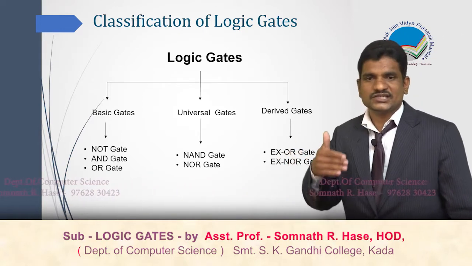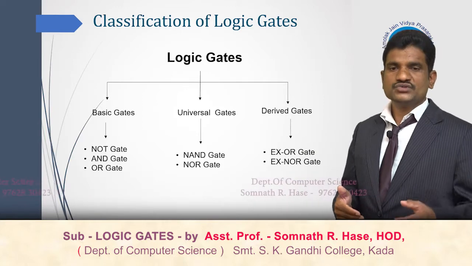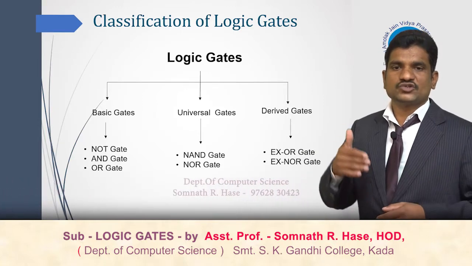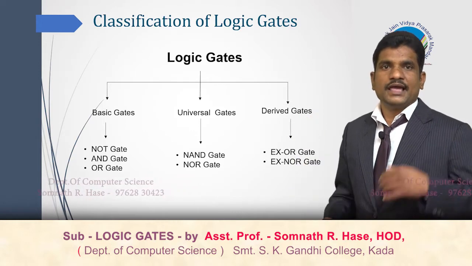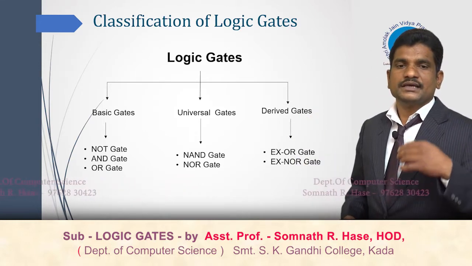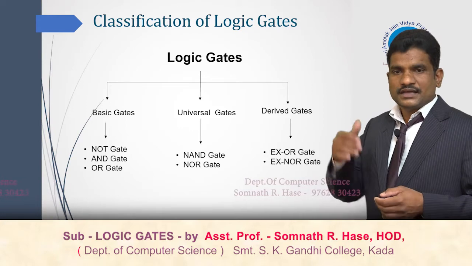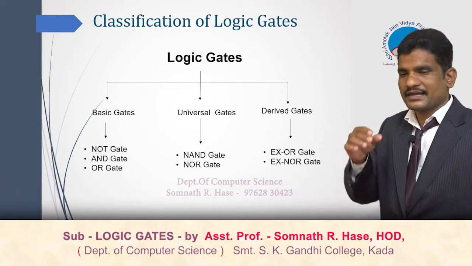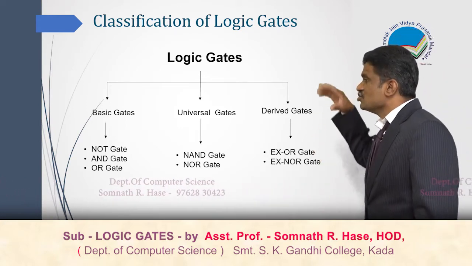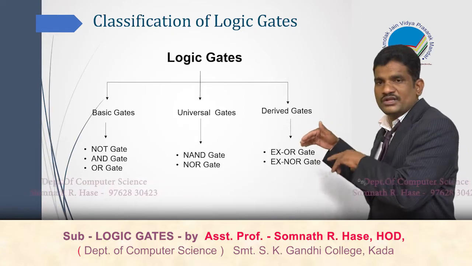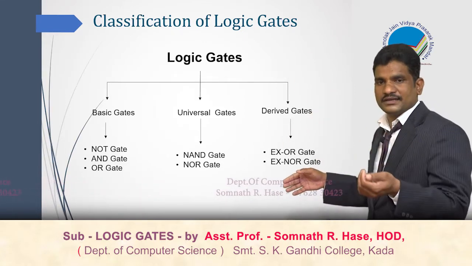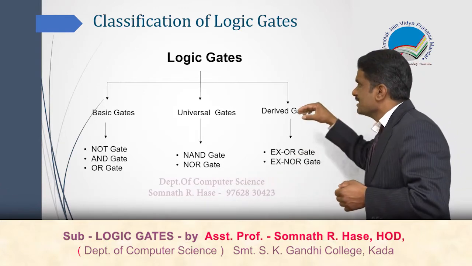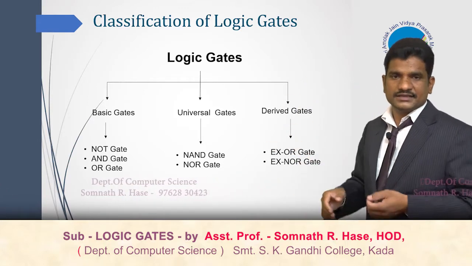Why is it called a universal gate? Because using a NAND gate as well as a NOR gate, we can create NOT gate, AND gate, OR gate, XOR gate as well as XNOR gate. That's why NAND gate and NOR gate are called universal gates. That is, using just NAND gate only, we can create all other gates, or using just NOR gate only, we can create all other gates.